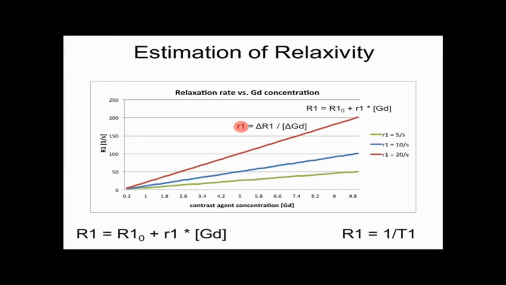The R1 of the contrast agent can be determined, for instance, if you image Eppendorf tubes with different contrast agent concentrations, as shown here. And since it's a linear relationship, it's easy to estimate the R1 relaxation time of a specific contrast agent.